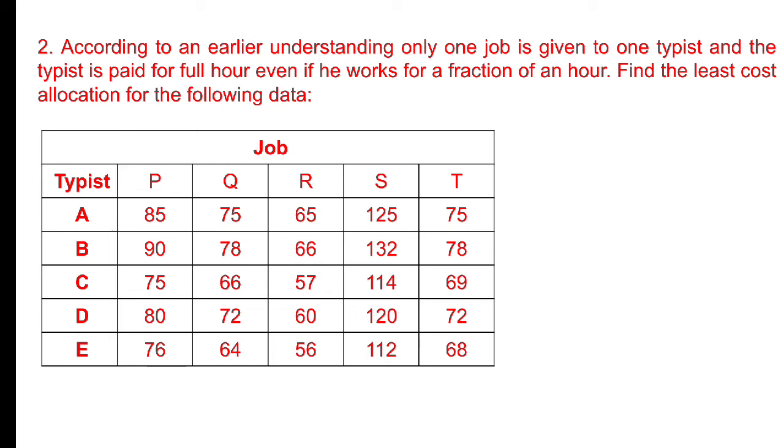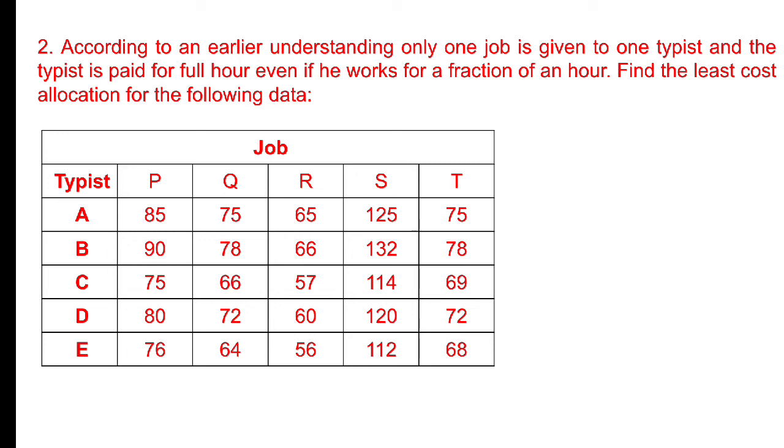Then we assign the zeros, or we can draw the straight lines. If the number of straight lines satisfies the order of the matrix, then we go for the assignment. Each row and each column gets only one zero assigned. If that is satisfied, we get an optimal solution.